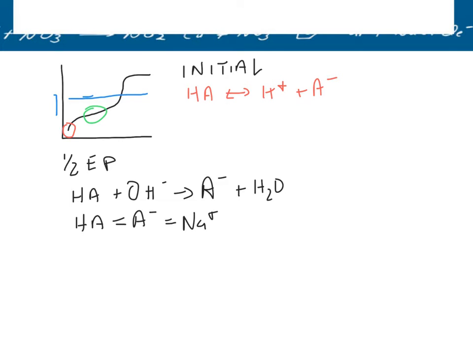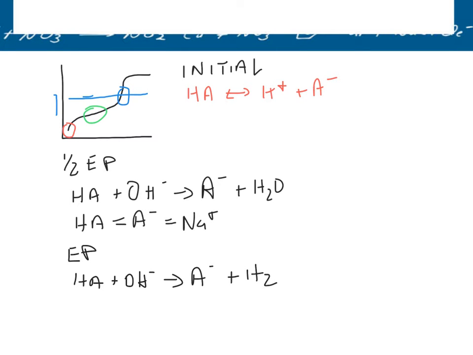Okay, equivalence point. We'll do kind of a twofer here because I'll be mentioning why this equivalence point is going to be above 7, which is your last topic on this. So at the equivalence point, we have added equal amount of base as our acid initially present.